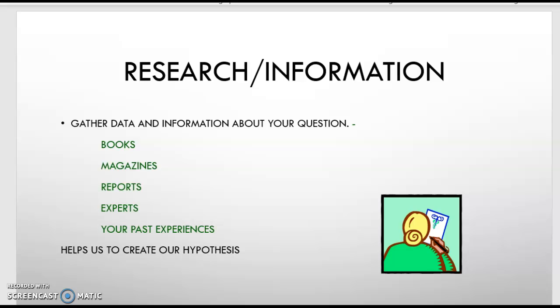So we use our research question and our problem to do some research and gather some background information. And our next step, now that we have a question and some idea about the answer, is to work on that hypothesis.